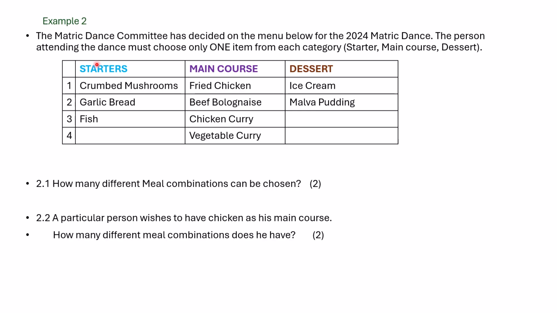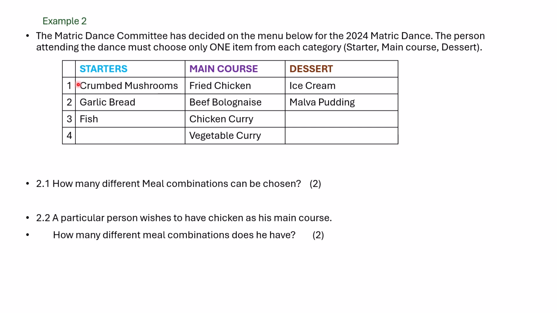So example 2, the Matric Dance Committee has decided on the menu below for the 2024 Matric Dance. A person attending the dance must choose only one item from each category: a starter, main course, and dessert. This problem I've actually taken from a past exam question. Right, so we have starters, main course, and dessert.